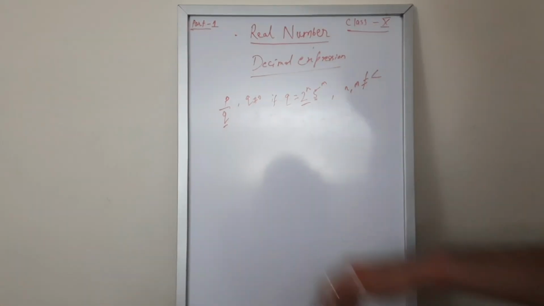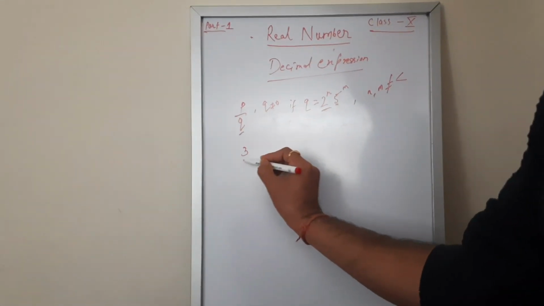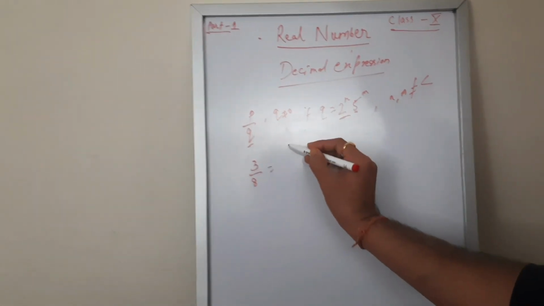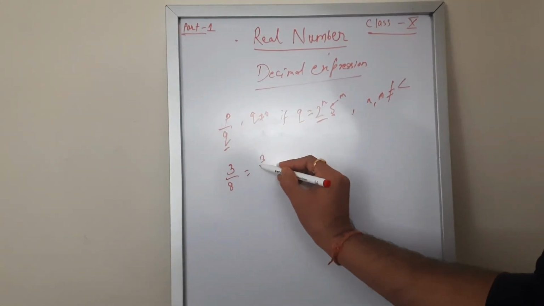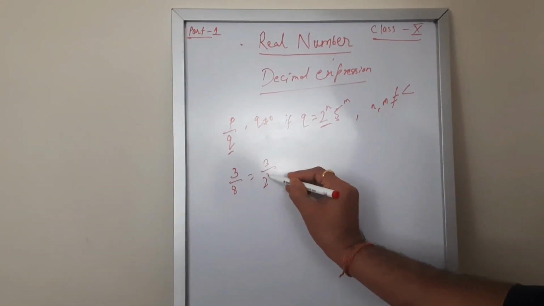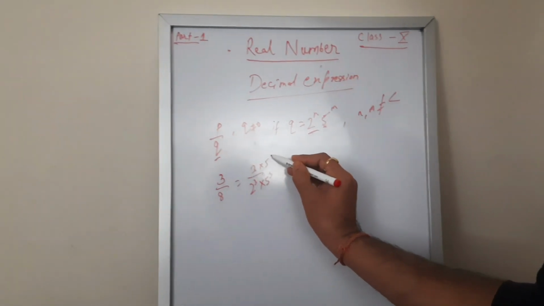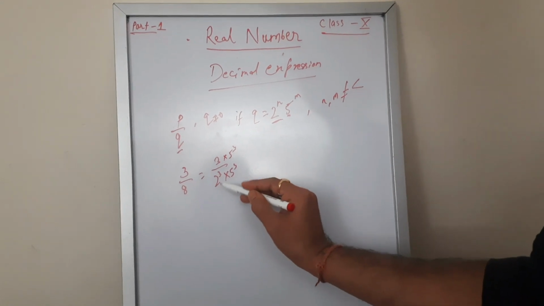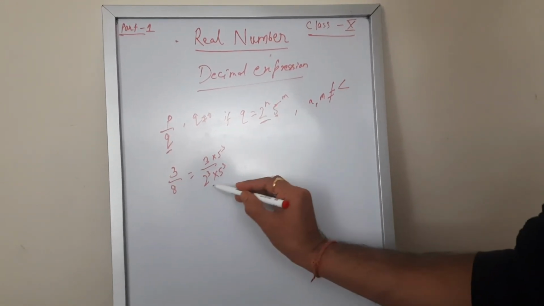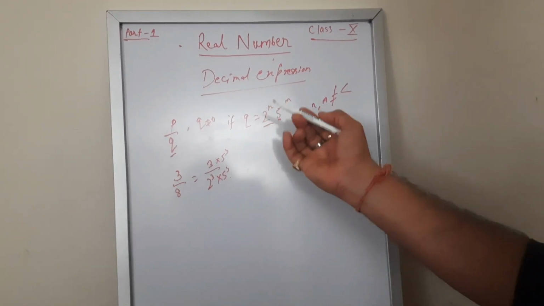Just see an example. Let's say the example 3 by 8. So we can write 3 by 8 as 3 by 2 power 3. Just multiply 5 cubed in numerator and denominator. So see, this is in terms of 2 power n, 5 power m.